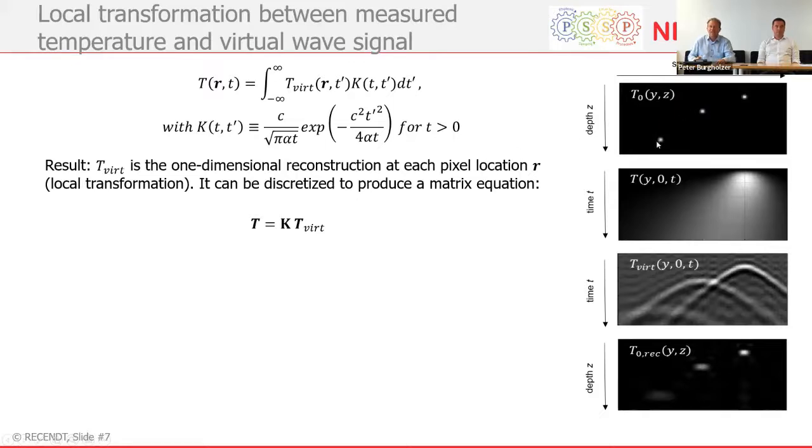We can see it here, a small example. You have here the depth, and you have the surface. It's a two-dimensional cross-section, and because of the heating with the laser light or with another light source, you have here these temperature sources.